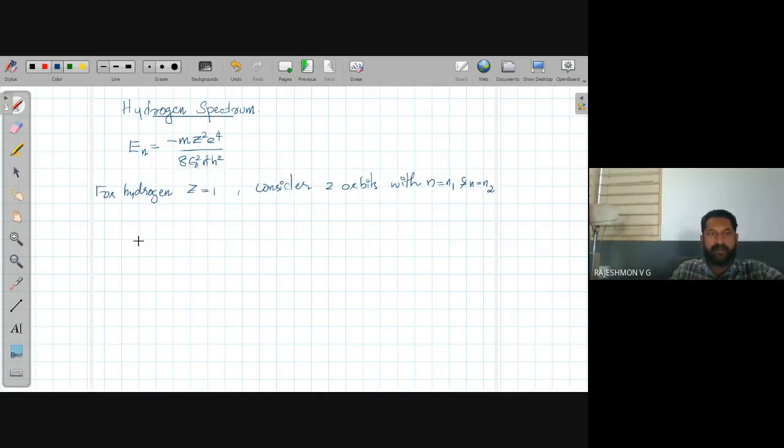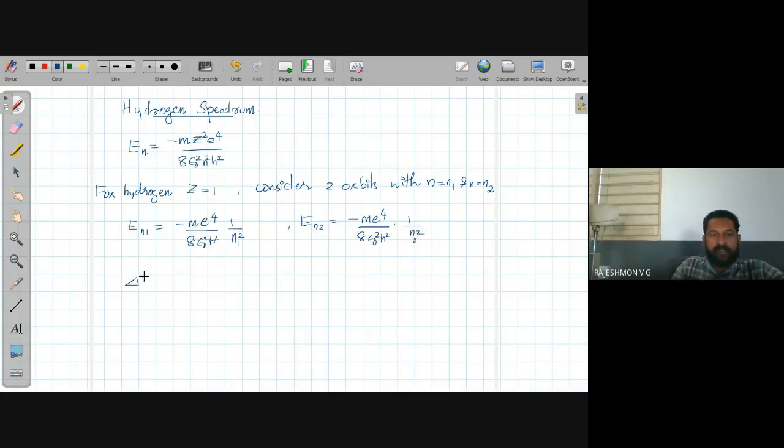So take z equal to 1. What is E of n1? Minus m e raised to 4 divided by 8 epsilon 0 square h square into 1 by n1 square. What is E of n2? Minus m e raised to 4 divided by 8 epsilon 0 square h square into 1 by n2 square.